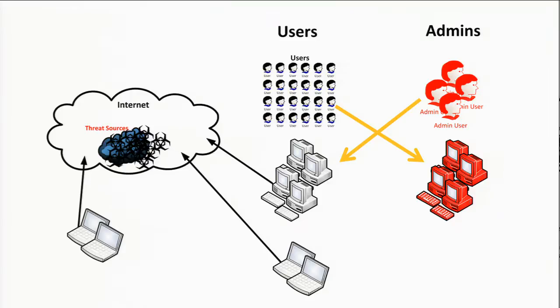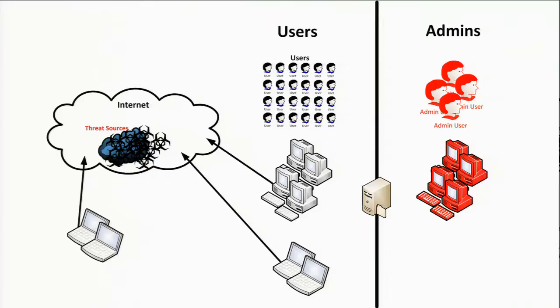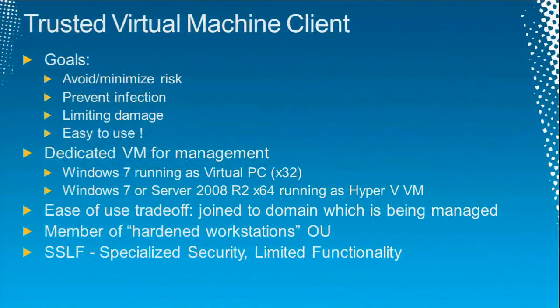We can do this with group policy and make sure admin users are denied logon to anything other than their workstations. So that's what we're trying to achieve: trusted admin credentials being isolated and used only on trusted admin workstations.